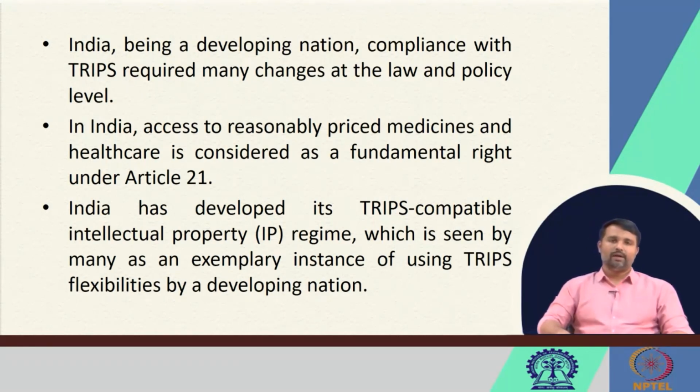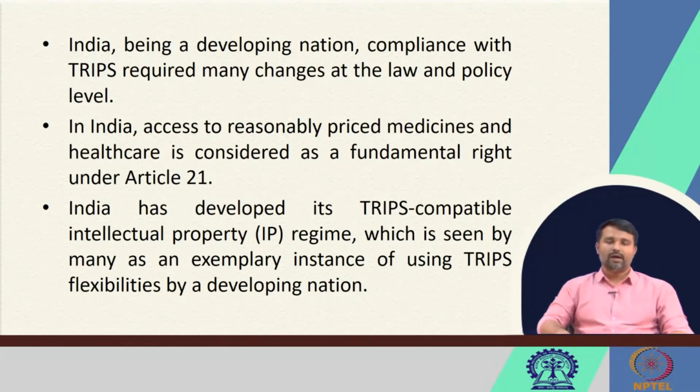But in India, access to public health is considered as a fundamental right which is guaranteed to all human beings. So, when the considerations given under the TRIPS agreement are incorporated into the legal system, it became a challenge for the government to find an effective balance between the competing interests.